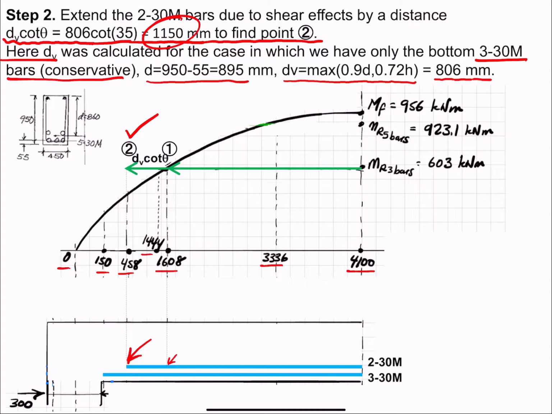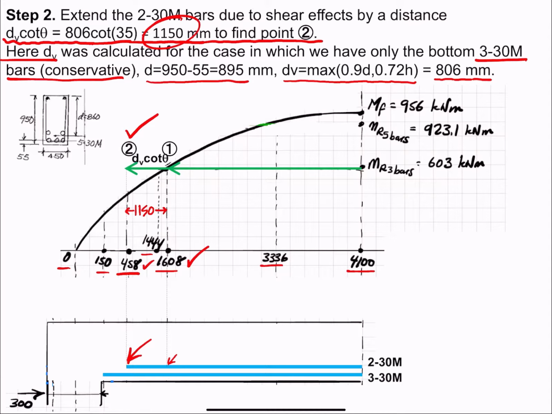For example, this is the intersection between the moment resistance of 3 bars and the factored moment, and then this is 1,150 mils from here to here. I arrived at 458 mils. So I'm keeping track of the coordinates of these points. So I have found point number 2, and at this point I can direct my attention to the continuing bars.